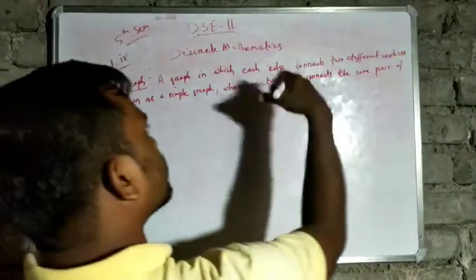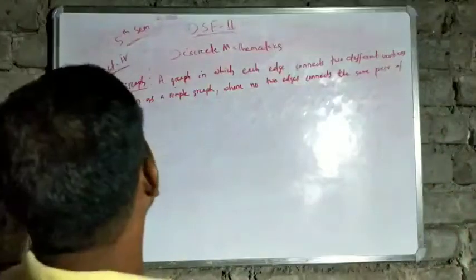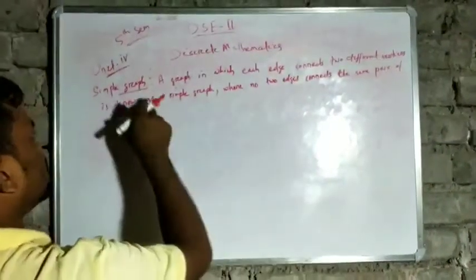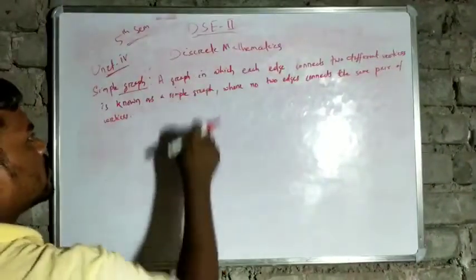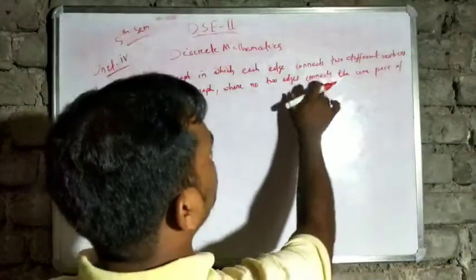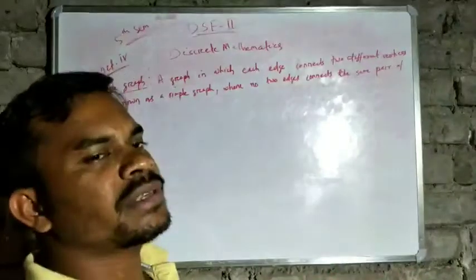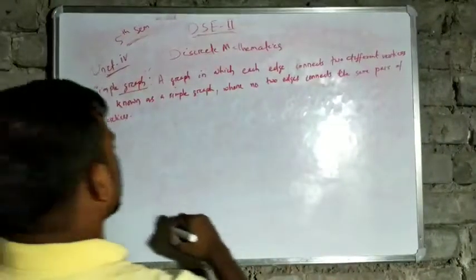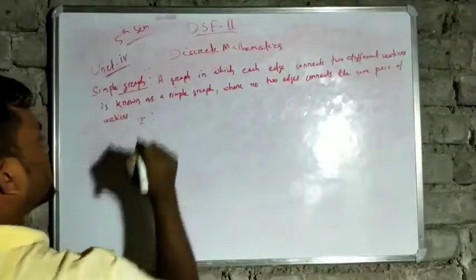A graph in which each edge connects two different vertices is known as a simple graph, where no two edges connect the same pair of vertices. I'll show some examples.